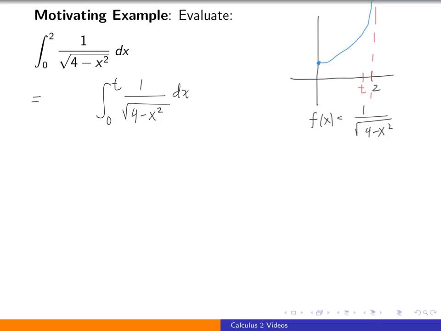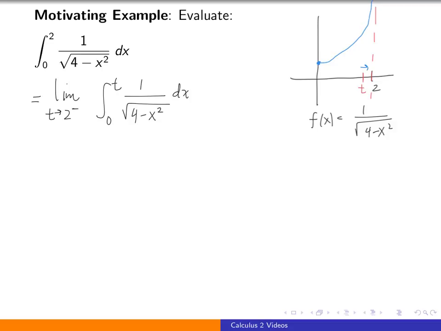We want to take that t and let it approach 2, so we'll need to take the limit as t approaches 2 from the left-hand side. This is what we refer to as an improper integral of the second type.